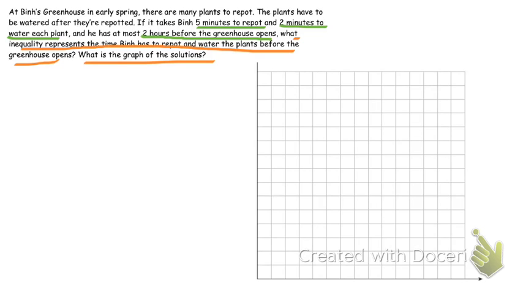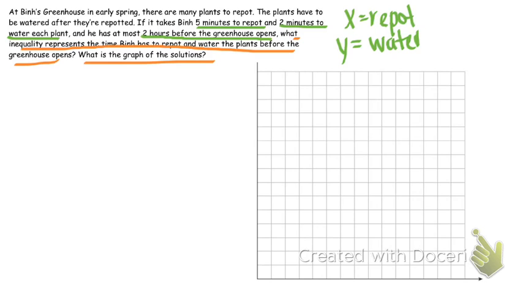So we've got to determine who's X and who's Y. I would say X is repot, and Y is water. Now, could you swap these? Most certainly. It's all up to you.